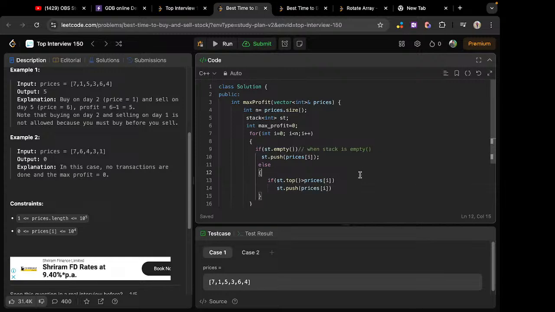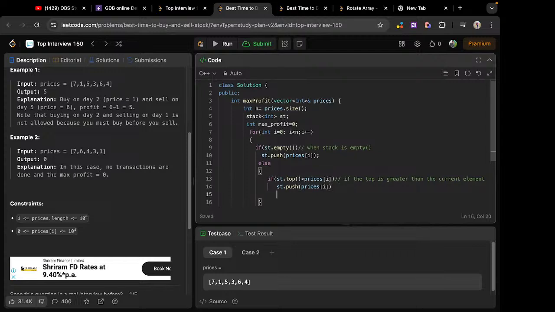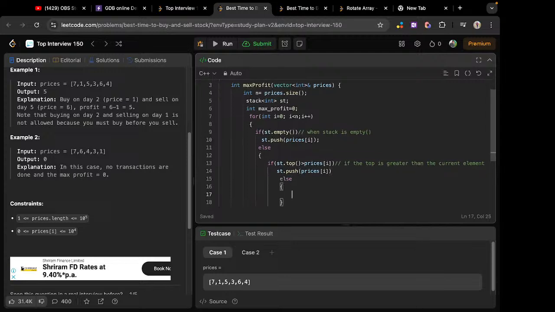Because if the top is greater than the current element, simply push; else we can calculate the profit.